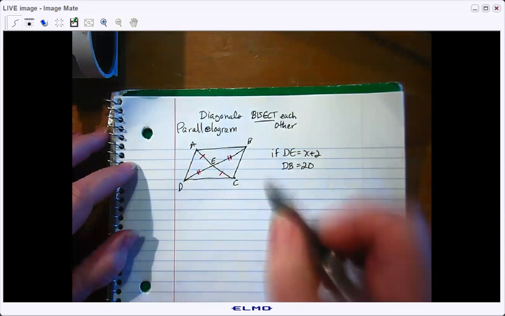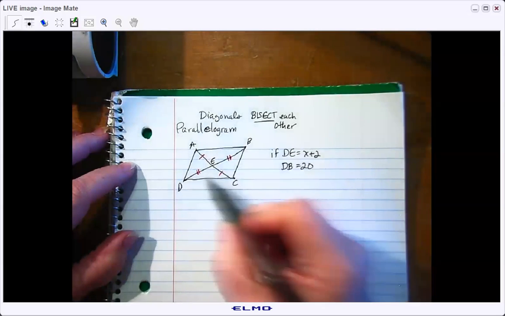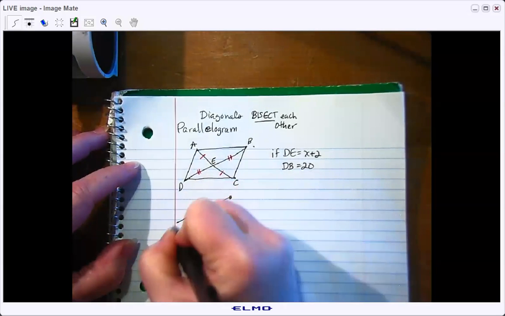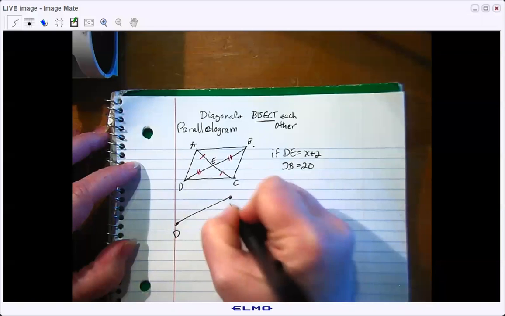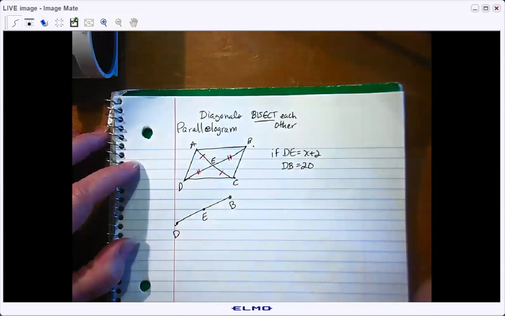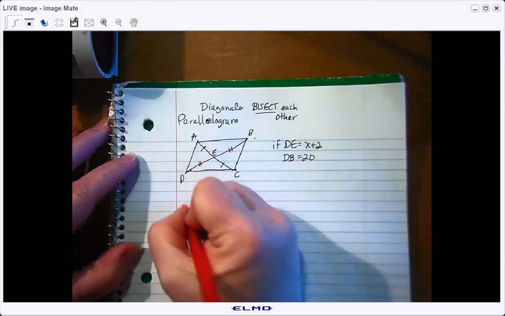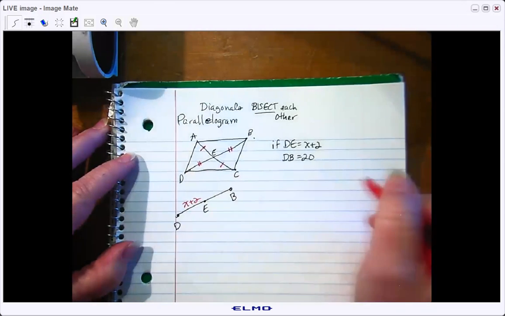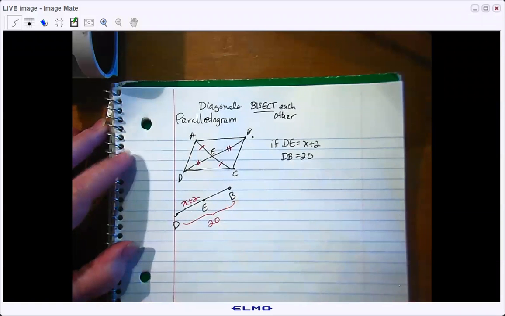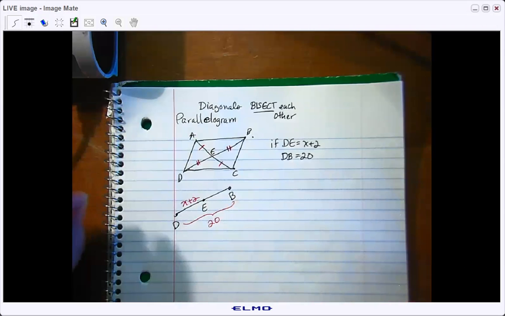So I would say we're looking at the diagonal DB. Let's just draw DB. That's all we're really looking at. And there's my E. Let's fill in the information. We know that DE is X plus 2. And we know that DB is equal to 20. So I need an equation. Do I know what EB is?